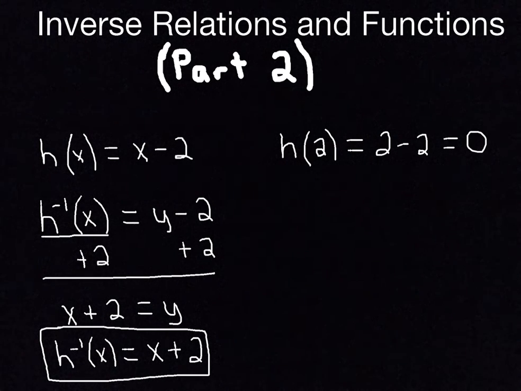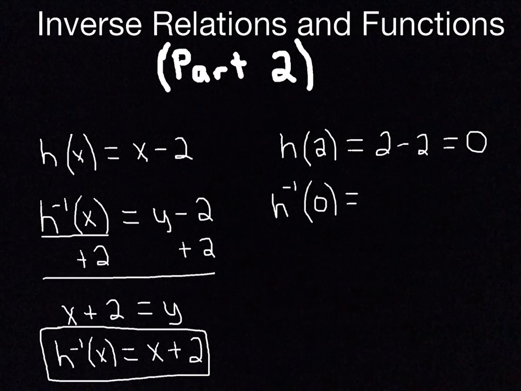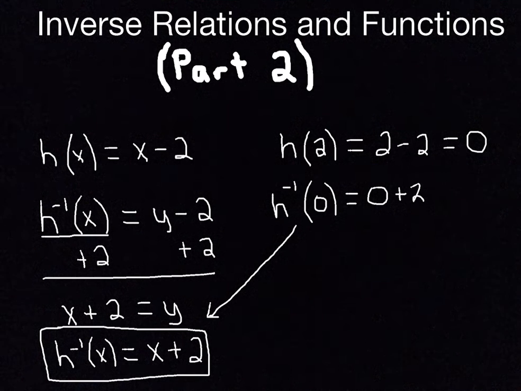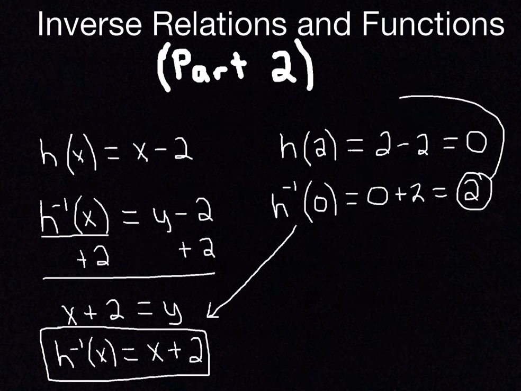Now, if I want to undo this, I plug what I got, 0, into my inverse function. It's 0 plus 2, which is 2, and that's the number that I started with, right? So an inverse undoes an operation. It gets you back to the original thing that you plugged in.